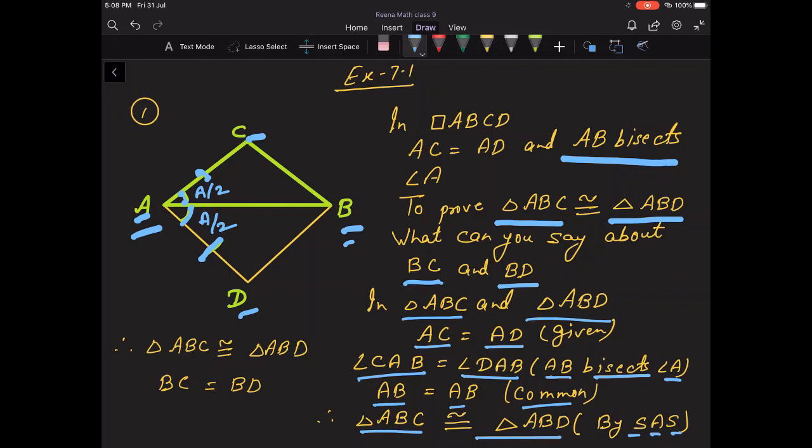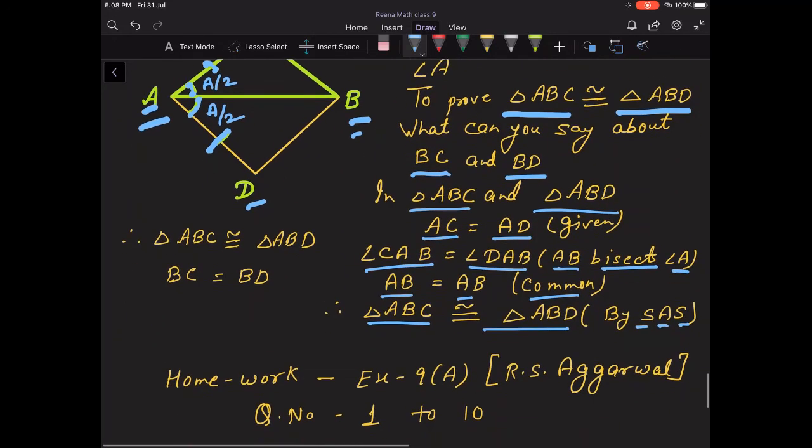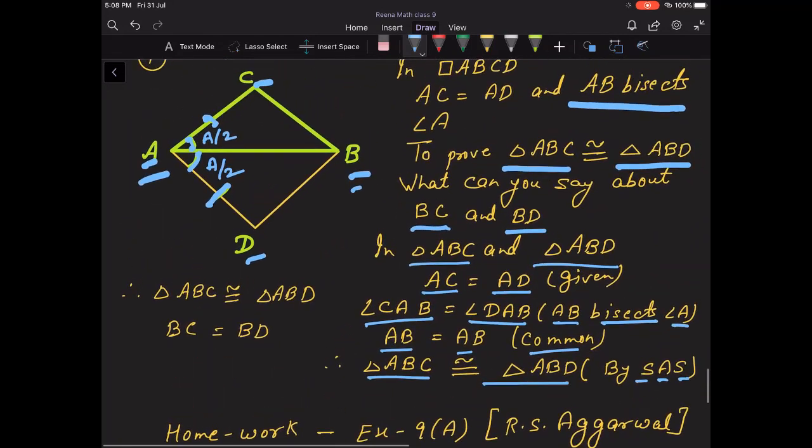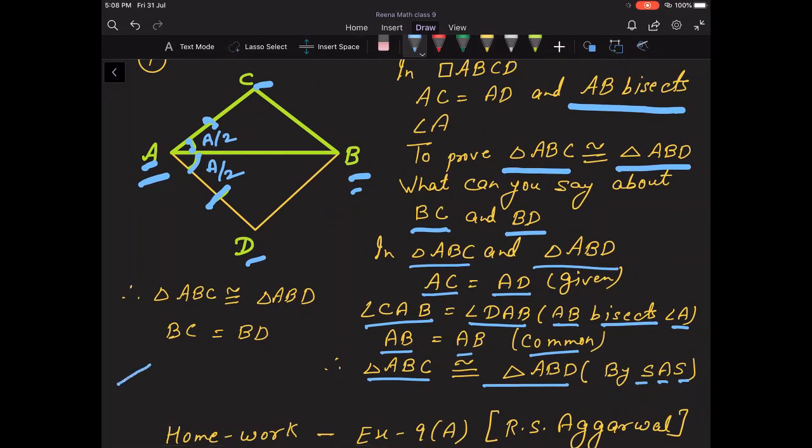Look at this. If I make both the triangles separately, you can see this is triangle ACB, and this is triangle ADB.